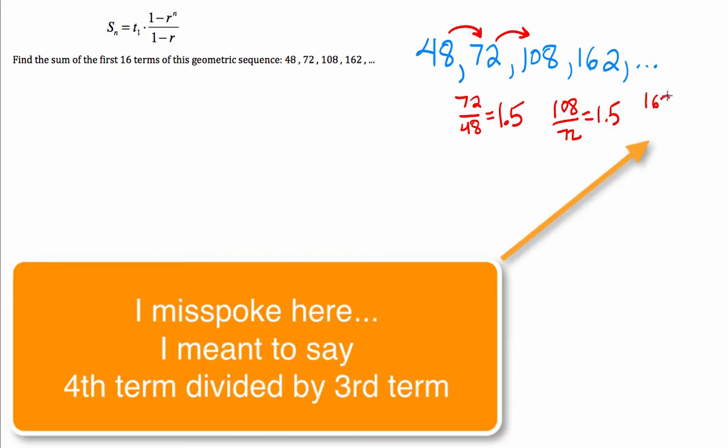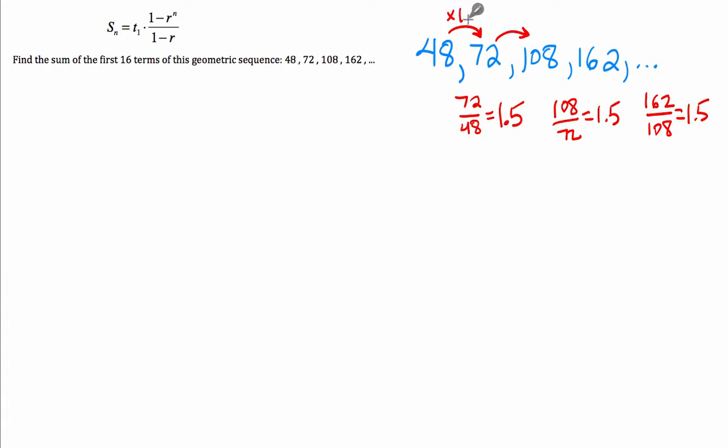Take fourth term divided by third term, still 1.5. That means that this fits the pattern of a geometric sequence. 48 times 1.5 is 72. 72 times 1.5 is 108, and 108 times 1.5 is 162.